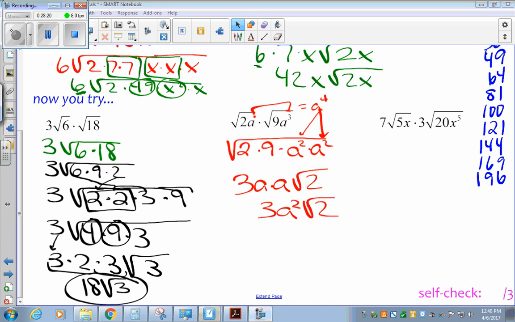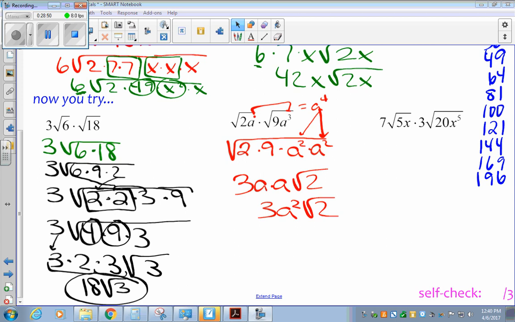All right, so for the first one, I kind of skipped a step, so if it blows up your brain, you don't have to skip the step. A to the 1 times a to the 3 is a to the 4. A to the 4 you can break up into a squared and a squared. So instead of writing 4 a's all out, buddying up 2 together, I just wrote a squared and a squared. 2 times 9, 9 is a perfect square.